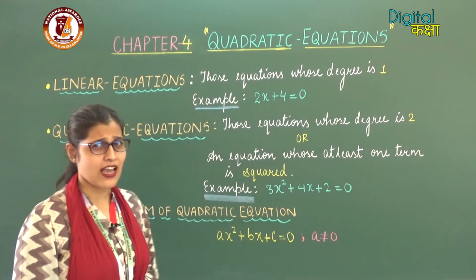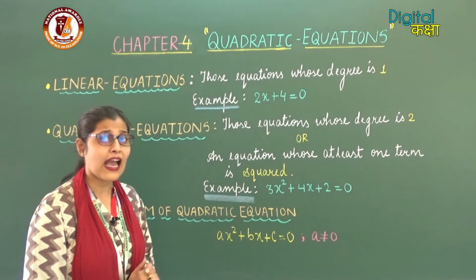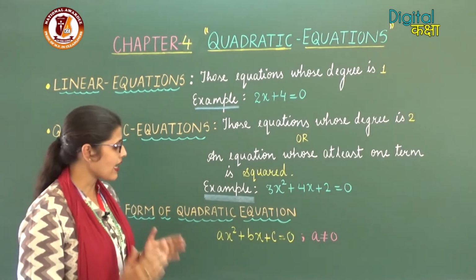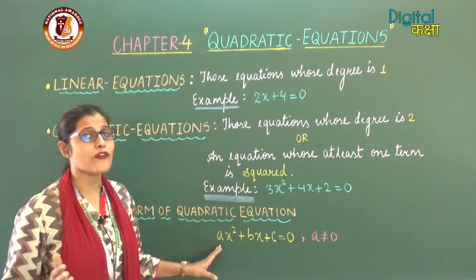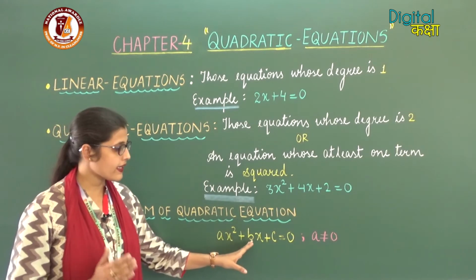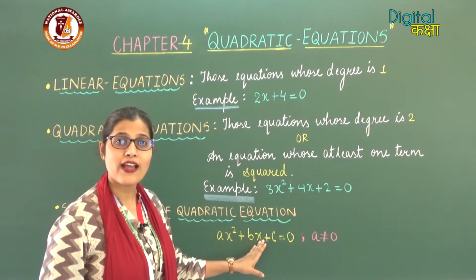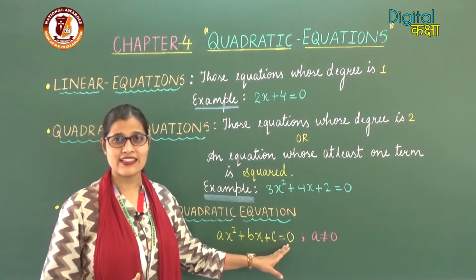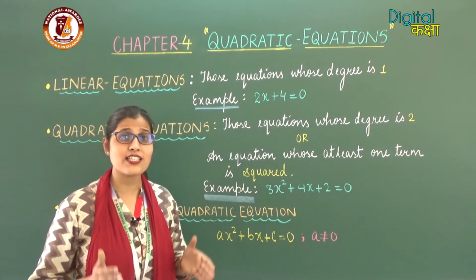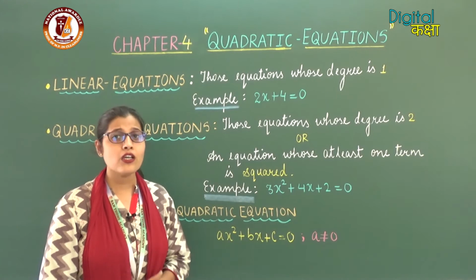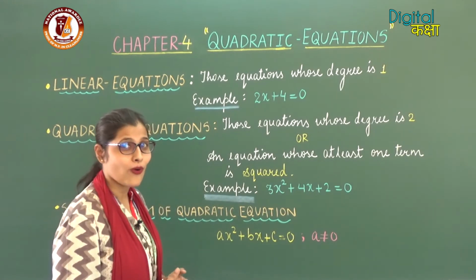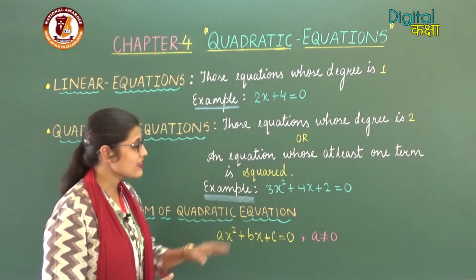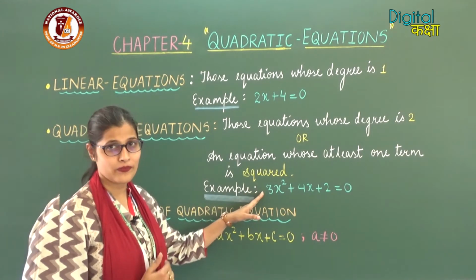Now let us understand what a, b and c are over here. As you can see, a is the coefficient of x squared, b is the coefficient of x and c is the constant term. So let us compare the standard form with the example that we have written above.